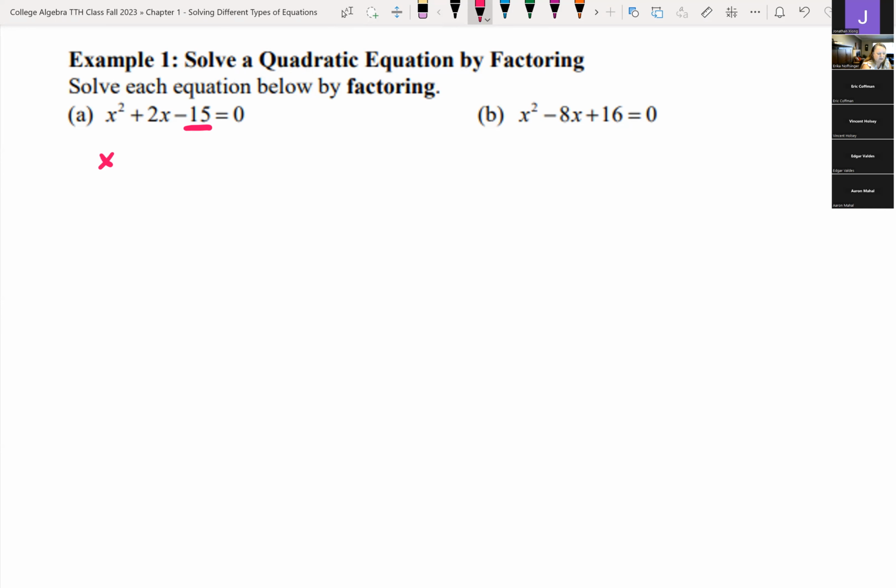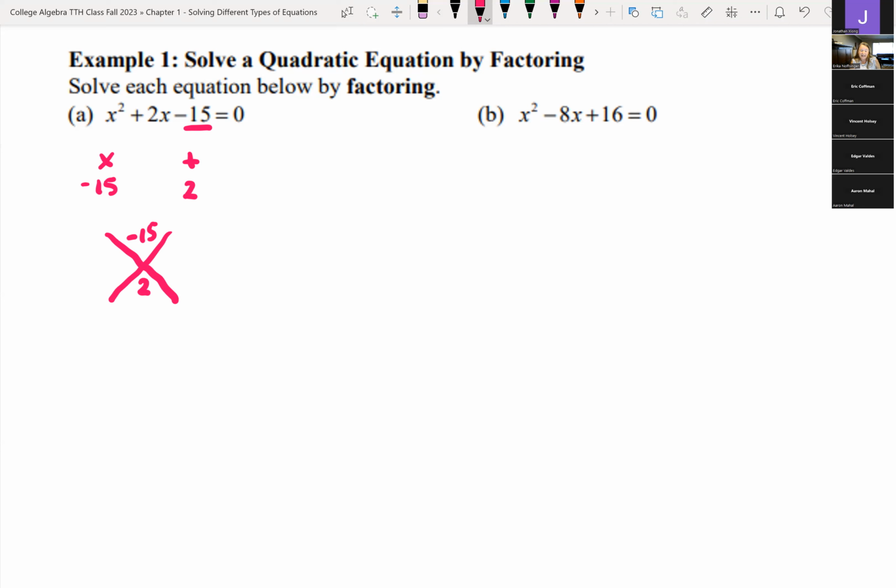I tend to write it like this, but I know you write it a little differently, so I might change it up. I'm trying to multiply to give me negative 15, and add to give me a positive 2. You might have seen it before with an x here, negative 15 adds to 2.